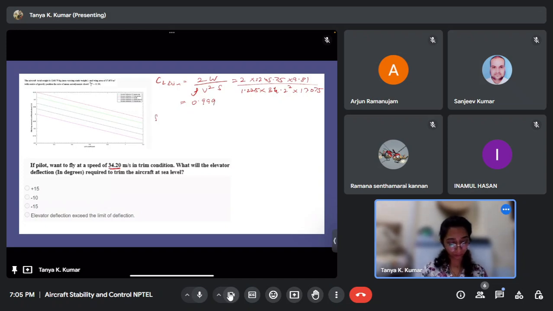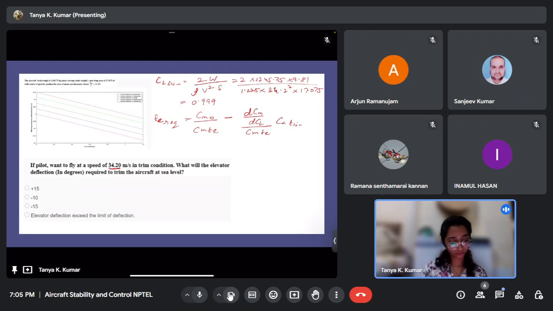What was the delta E required formula? It was there in the assignment. That's delta E equals Cm naught by Cm delta E, minus dCm by dCl by Cm delta E, into CL trim.